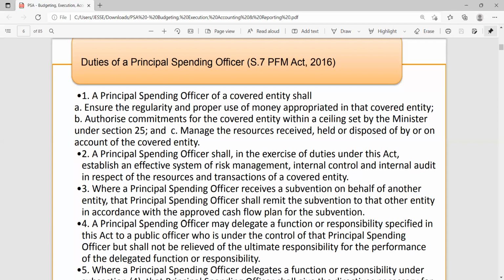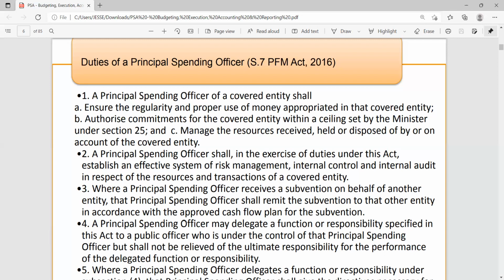So the principal spending officer, or the PSO, puts in place internal control and internal audit measures just to ensure that risks are managed properly, right?